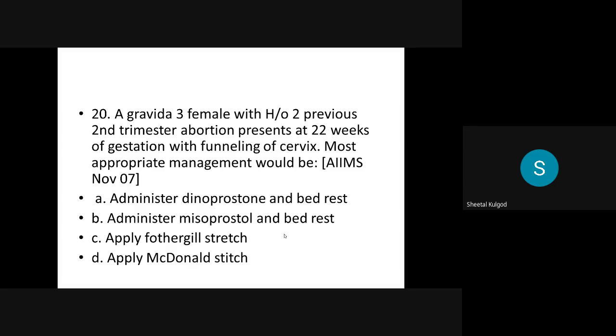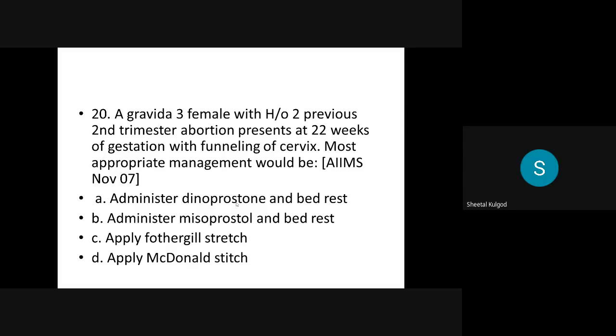Would you like to go ahead and see whether she will retain the pregnancy or not? See, administering dinoprostone, administering misoprostol, when do you do that? When you want to terminate the pregnancy, is it not?